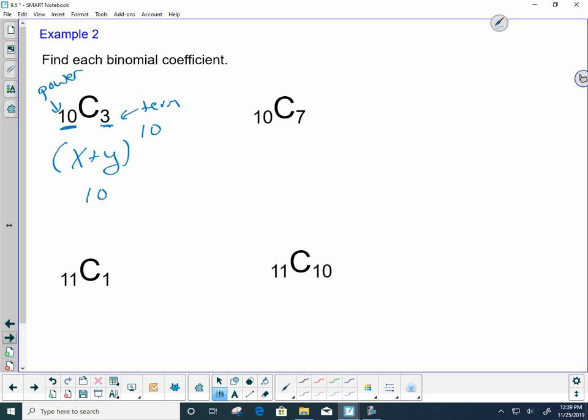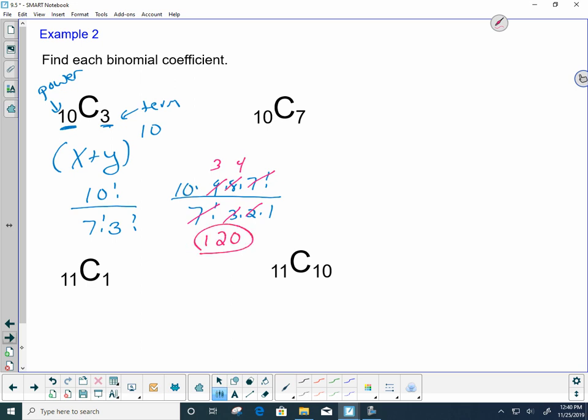So I'm going to do 10 choose 3. 3 factorial, 10 minus 3 is 7 factorial, so 10 times 9 times 8 times 7 factorial over 7 factorial, 3 times 2 times 1. The 7 factorials will simplify, the 3 and the 9 can simplify, the 8 and the 2 can simplify, and I'd end up with a coefficient of 120.